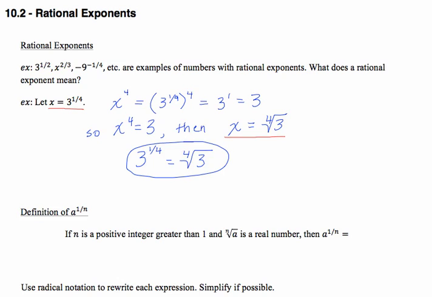If you have a 1 in the numerator of the rational exponent, then the denominator of that rational exponent is the index of the radical. The denominator of the rational exponent is equal to the index of the radical. So we can work with rational exponents through this understanding of what it in fact means.